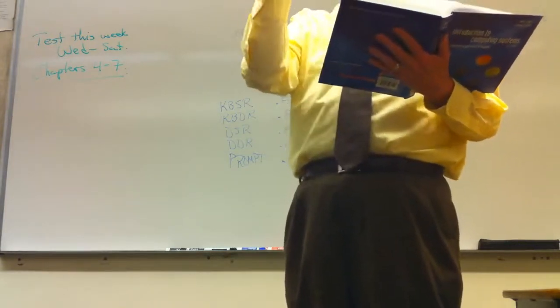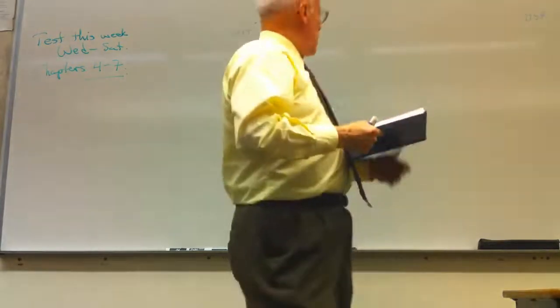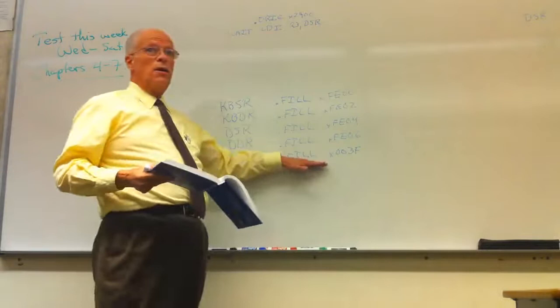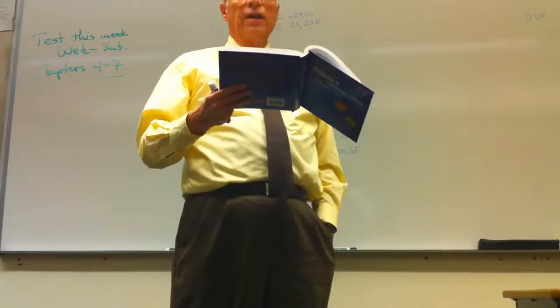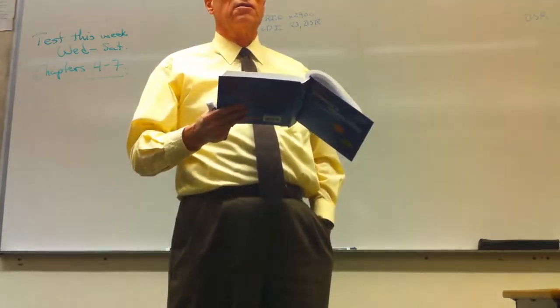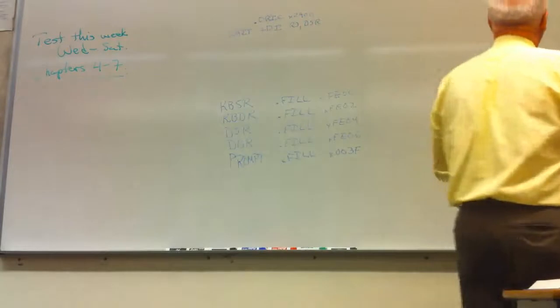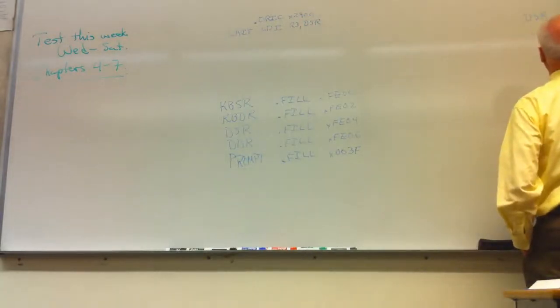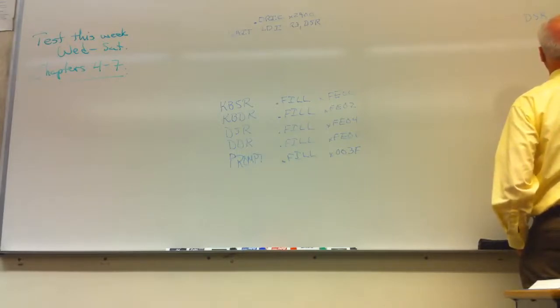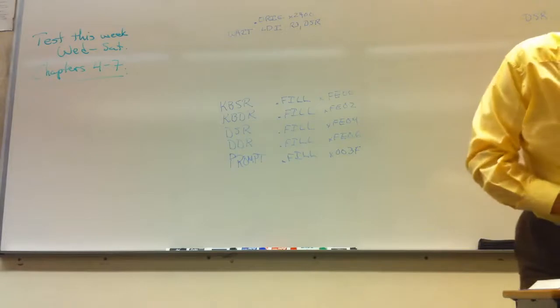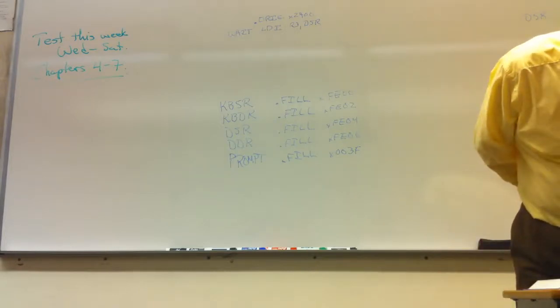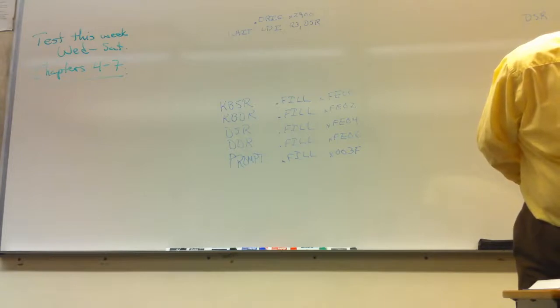When you put any kind of a value into the data register, then the system will set this bit 15 to indicate that the device is busy. Okay, so what we have in here is a 1 indicates that the device is busy. 0 would indicate that it's ready. Oh, wait a minute, I've got that backwards.